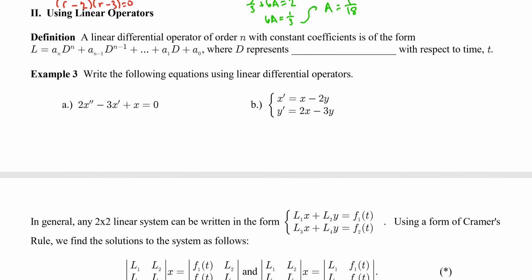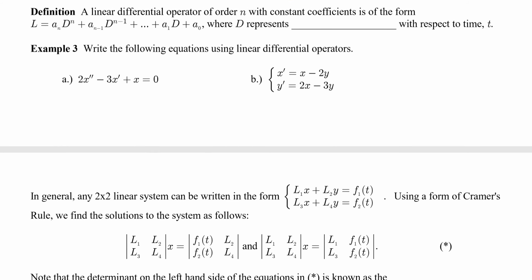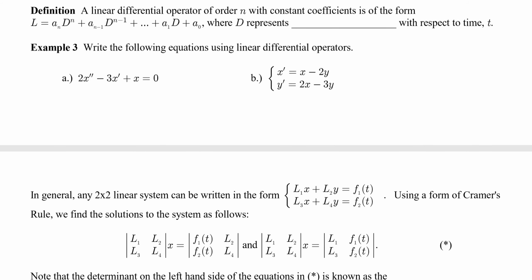You have probably seen the big D as a differential operator, but maybe not in this particular context. Definition: a linear differential operator of order n with constant coefficients is of the form capital L equal to a sub n D to the nth power plus a sub n minus 1 D to the n minus first plus, continuing for any number of terms, plus a sub 1 D plus a naught, where D represents differentiation with respect to time.